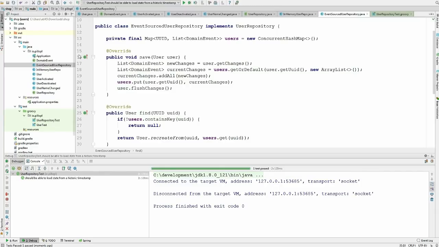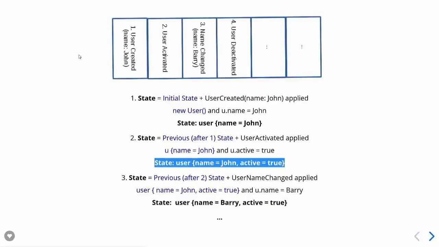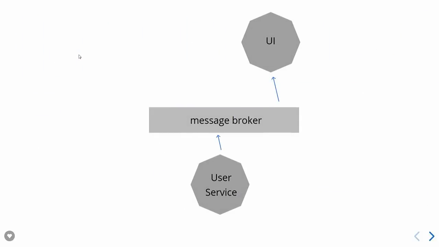So, for example, we could emit those events to some external component, and we could create a scenario like this: that we have user service, basically the service that we have just created, and some other service called UI and message broker in between. So we'll try to implement that right now.